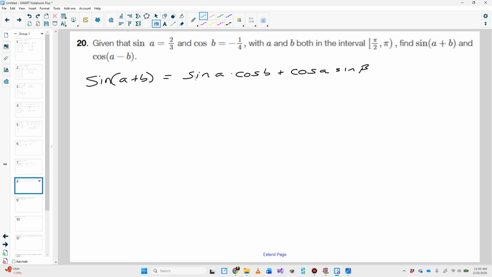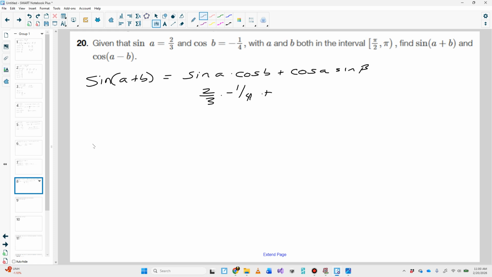Well, I have already discovered that sine A is 2/3 and cosine B is negative 1/4. But I don't know what cosine A is, and I don't know what sine B is. But I can get them. I can use a Pythagorean identity to get them. So let's go ahead and do that.